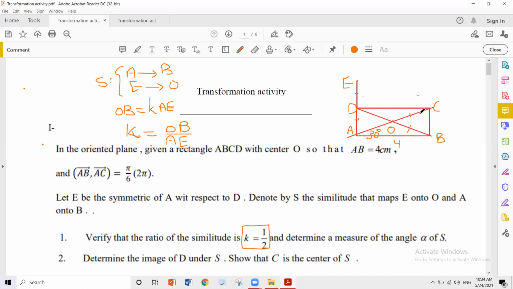How much is this angle? In triangle ABC this is 30, this is 60. Yes. So it is equilateral, instead of OB I can put BC.